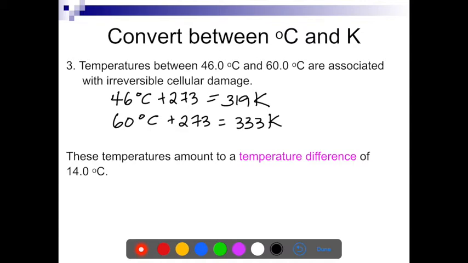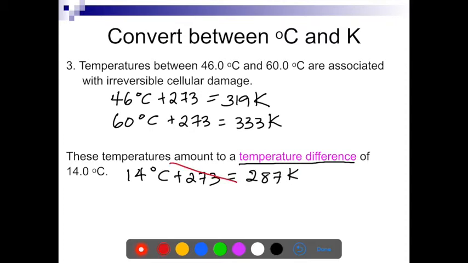And in the last question, we are being asked to convert a temperature difference of 14 degrees Celsius to Kelvin. Now, a common mistake is to convert 14 degrees Celsius to Kelvin by adding 273, giving an answer of 287 Kelvin.